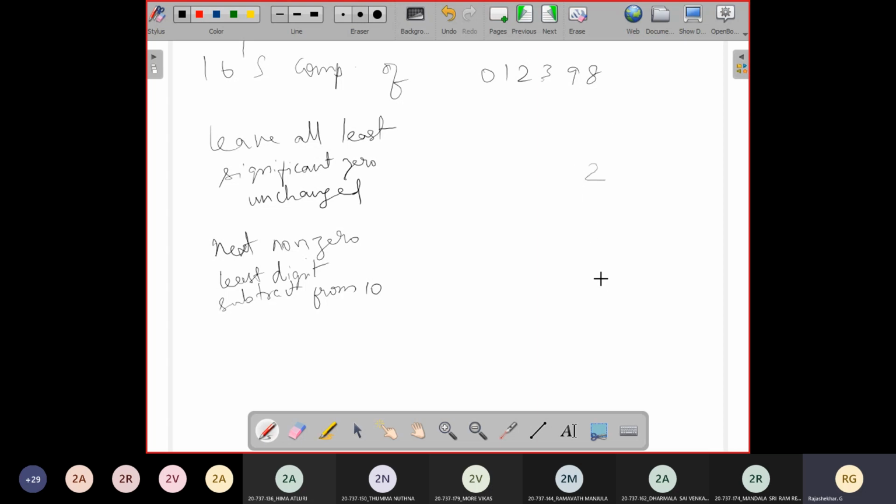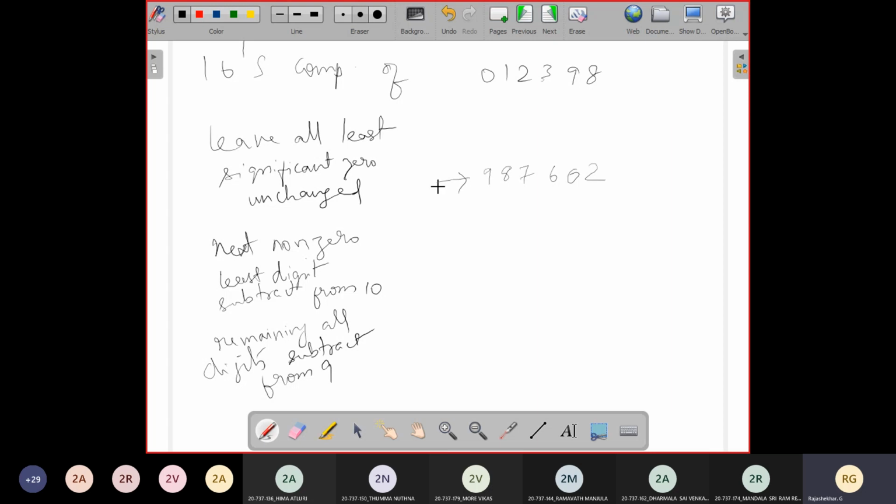Then the procedure says remaining all digits, subtract from 9. So 9 minus 9 becomes 0, 9 minus 3 becomes 6, 9 minus 2 becomes 7, 9 minus 1 becomes 8, 9 minus 0 becomes 9. So this is the tens complement.